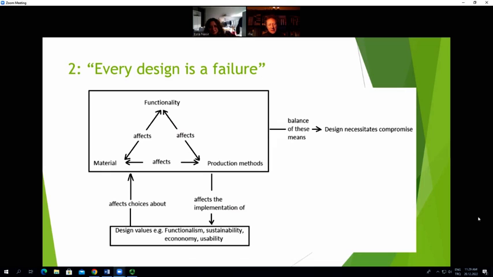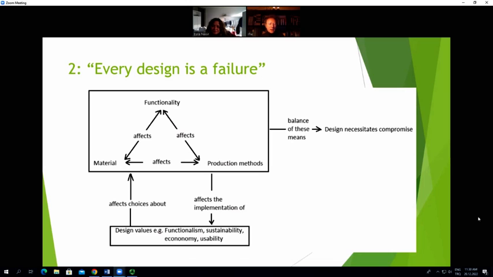So the basic understanding here is that with the best will in the world, all a design is going to be, when it works out well, is the best judged compromise based on the knowledge that we have of the environment and the users and the markets into which the object is going to function. And I'd like to draw your attention to the triangular part in the box, where we have 3 points on the apex of the triangle.